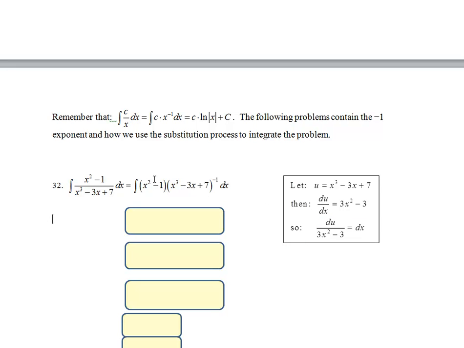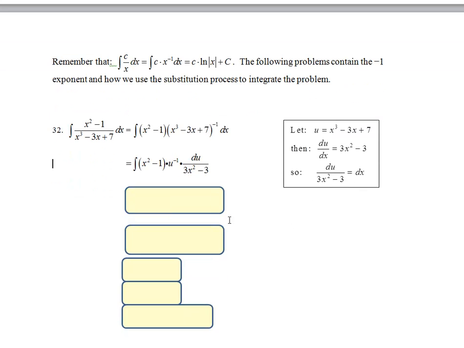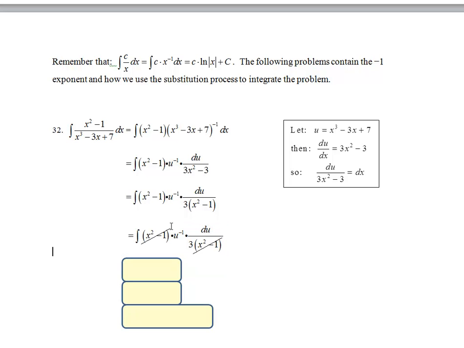Now substitution. This first piece is left alone. Times u to the negative 1 times my fraction here that contains du. Looks suspicious. Factor out the 3. See where that gets me. Notice this factor and this factor cancel. So what I would have left over under this new box, I'm going to have the integral 1/3 u to the negative 1 times du.